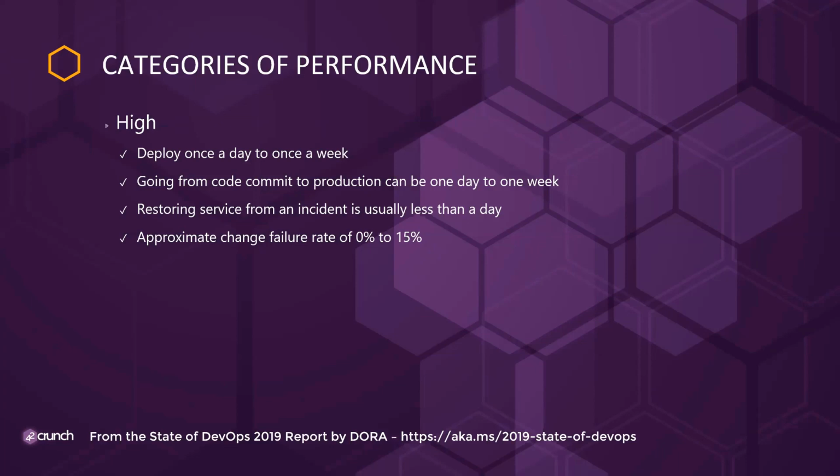Now, one of the things we don't see in the categories as we go from medium to high to elite is a large change statistically in the change failure rates and service recoveries as the lead times drop. And one of the things that's important to recognize is you don't need to deliver billions of times a day, right? That becomes a vanity metric.